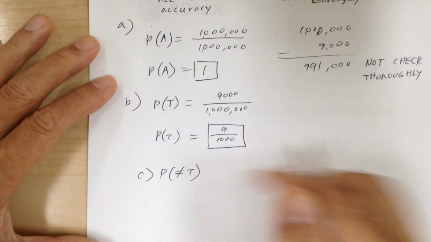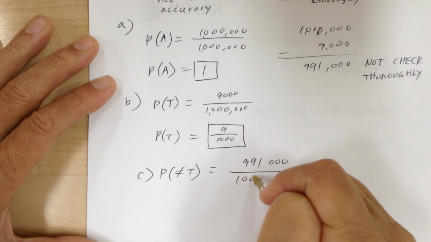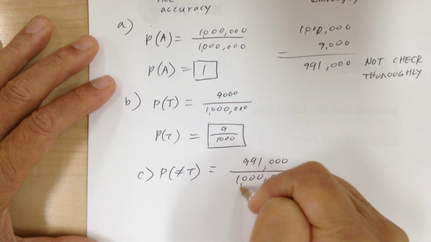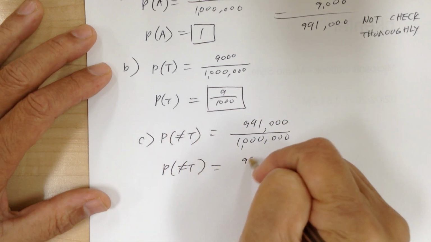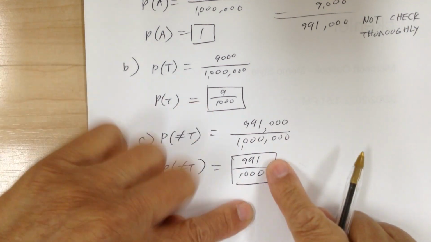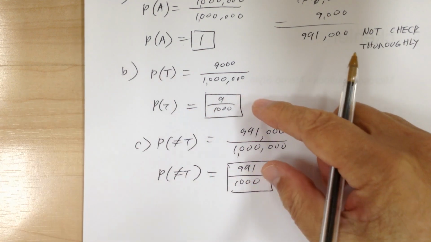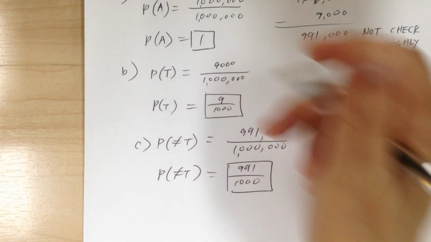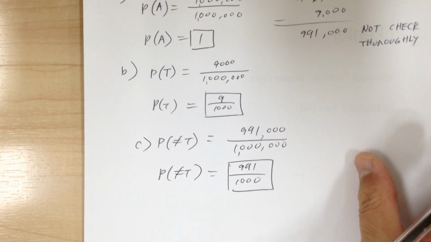And therefore this will equal 991,000 over 1 million. Therefore, not checked thoroughly will equal 991 over 1,000. And notice when you combine them together, we always get 1, because the total probability of all the possible different events together is equal to 1.